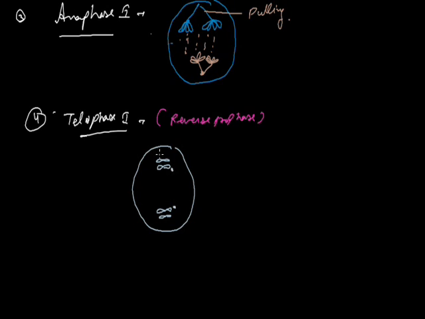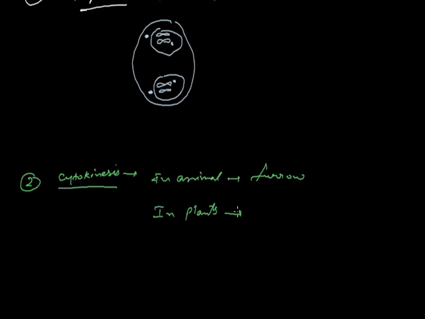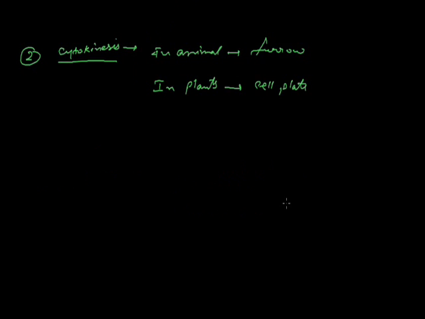That is the process of karyokinesis. Now the second process is cytokinesis, the division of cytoplasm. Cytokinesis occurs in animals by furrow formation, and in plants by cell plate formation. That is the complete process of meiosis first.